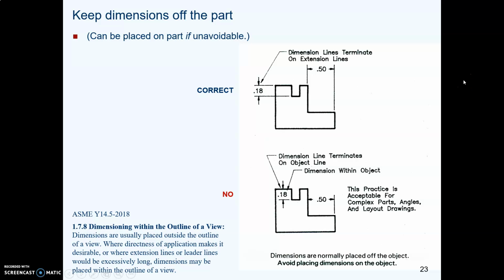Now sometimes you're doing a part that has just all kinds of details in the midst of the thing, and there's no way to dimension it cleanly without having some dimensions on the part. Then it's okay to put dimensions on the part. But if you can possibly avoid it, avoid it.